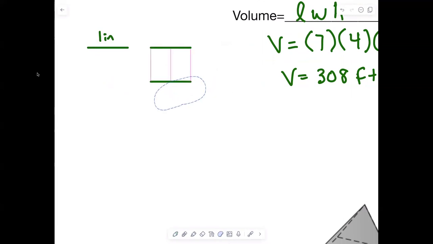What I'm trying to do right now is draw this so you can visually see the difference. So this right here would be considered what? A square inch. That's exactly right. This is 1 inch, this is 1 inch, so this is 1 square inch.